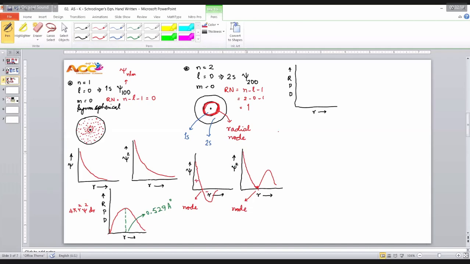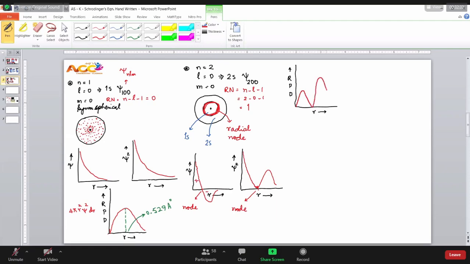Then again, as usual, I said r equals 0. If it is 0, this whole term is 0. I have to start from 0, and I should have one radial node. Come on, see this. One radial node and the peak is increasing.